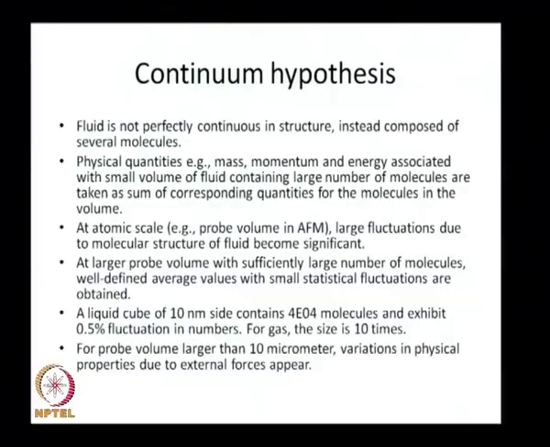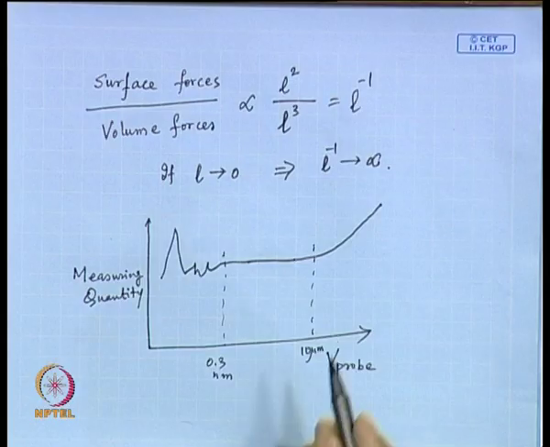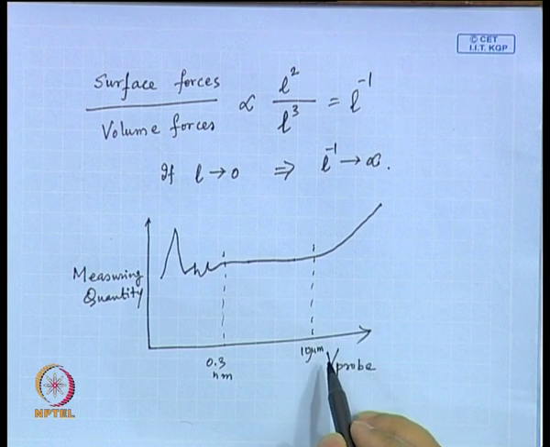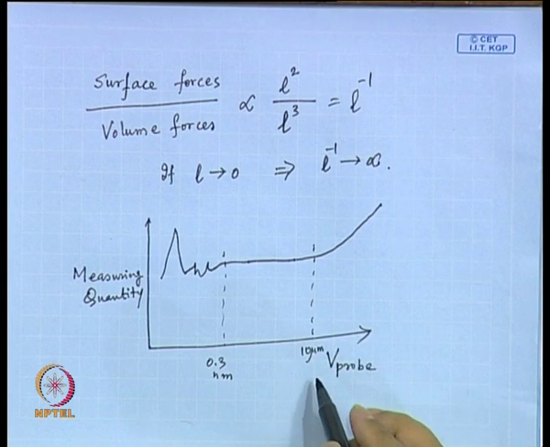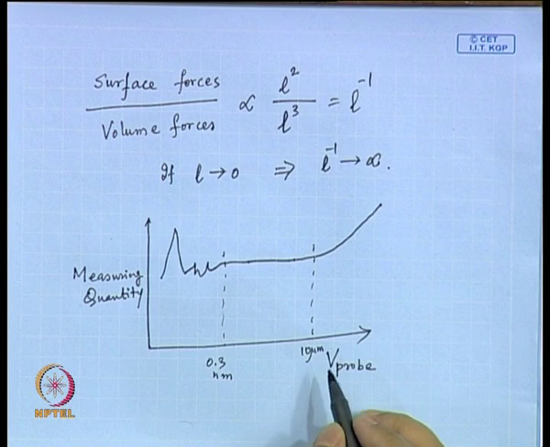It would be interesting to study other interactions, but taking that as the average would be a little difficult. However, when we go to the higher side, that means more than 10 micrometer, you understand what a micrometer is, I take it, right?